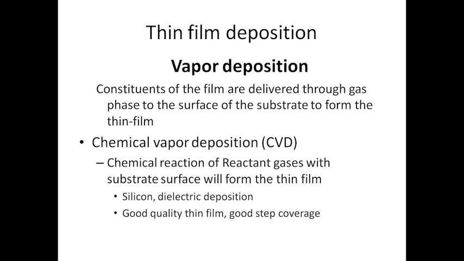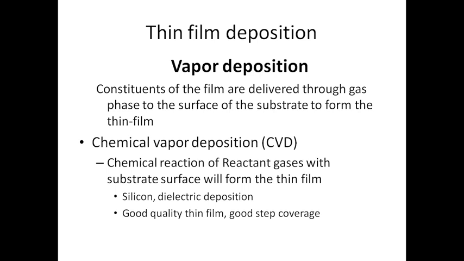Usually silicon or dielectric deposition is done using this CVD process, and it results in a very good quality thin film. This is one of the advantages of the CVD process, and it has very good step coverage. So both horizontal and vertical deposition will be almost equal.